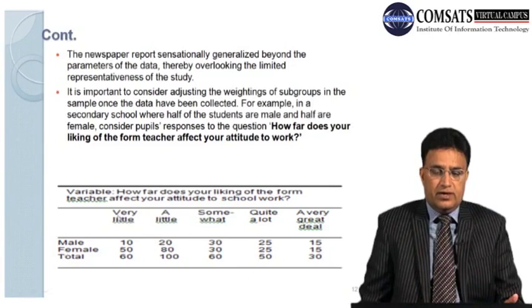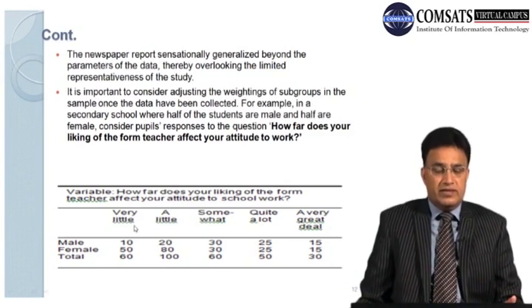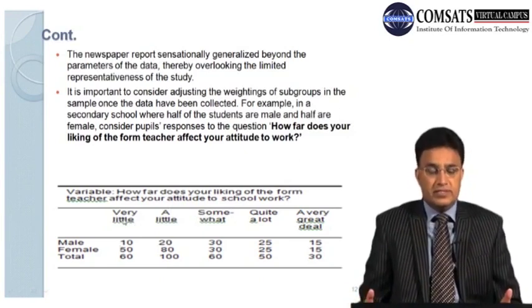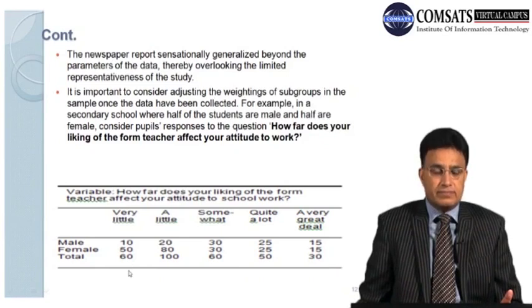and in the horizontal row there are the options: very little, a little, somewhat, quite a lot, a very great deal. So look at the responses. Very little: male 10, female 50, total 60.